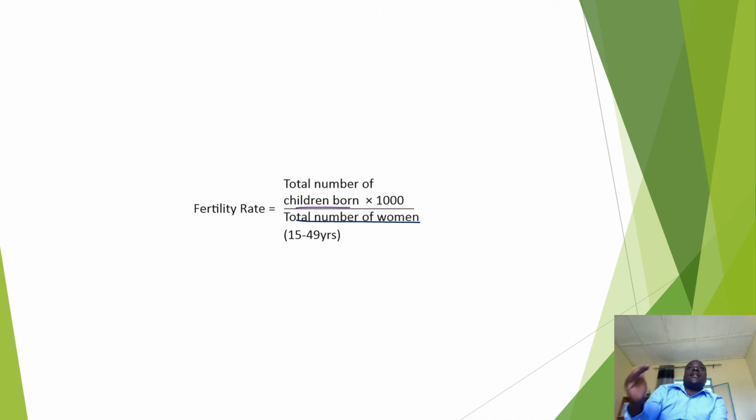Beyond 49 years, these ones are not able to produce, and below 15 years, they are still young. That's why we say over the total number of women. Then you multiply by 1,000, the answer you get stands for fertility rate.